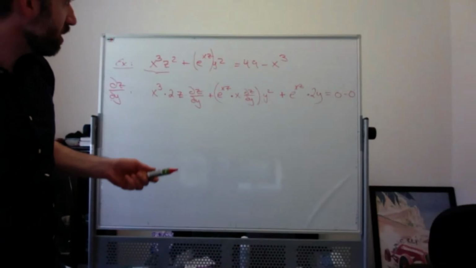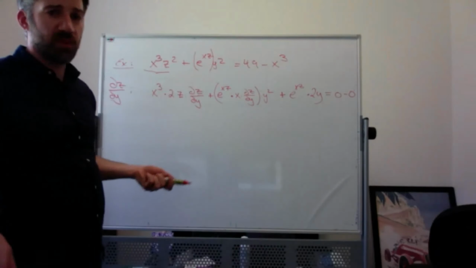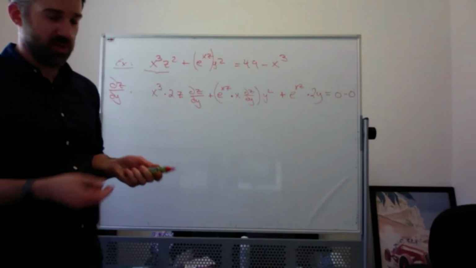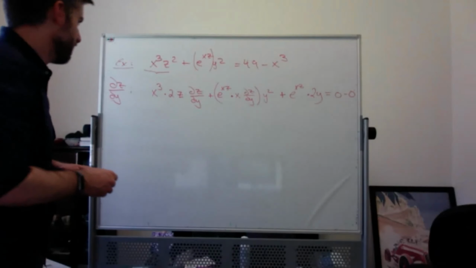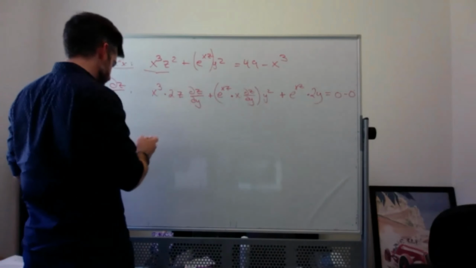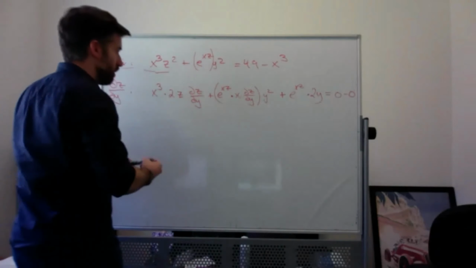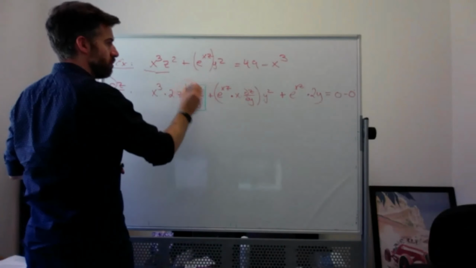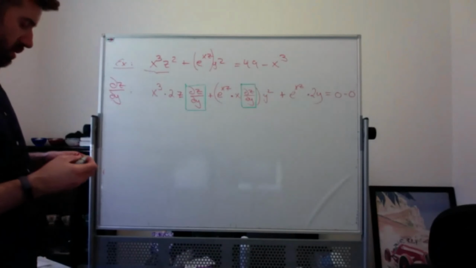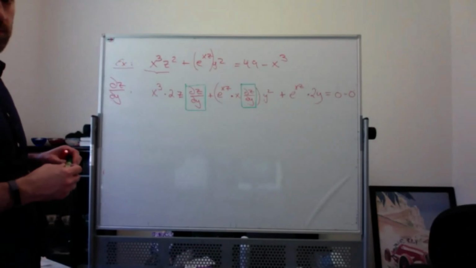After you do this first step where you differentiate everything, the rest of it is just cleaning up the algebra, which is messy, but not too terrible. Is del z del y similar to z prime or y prime?